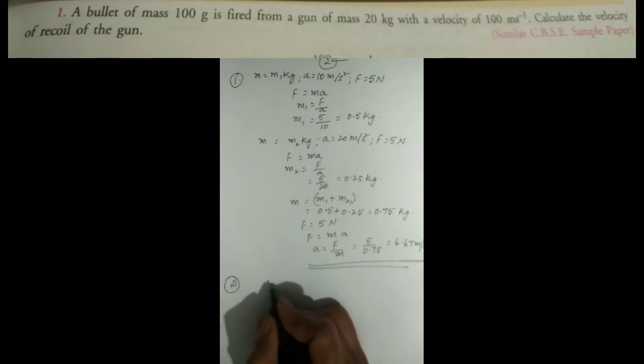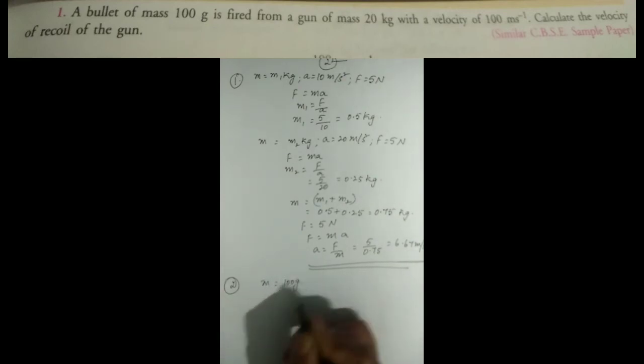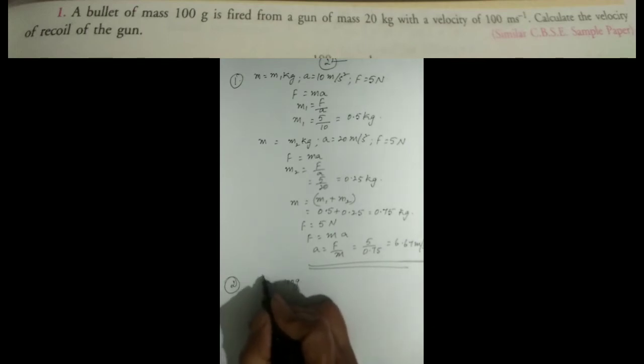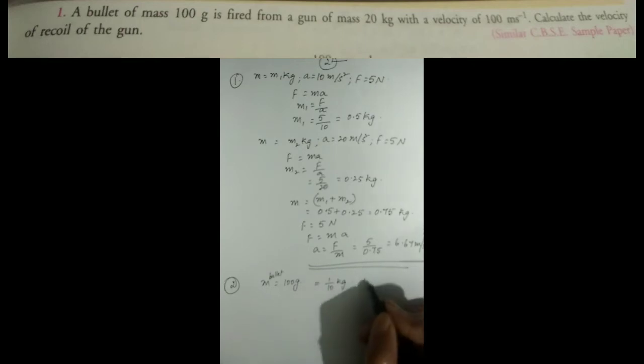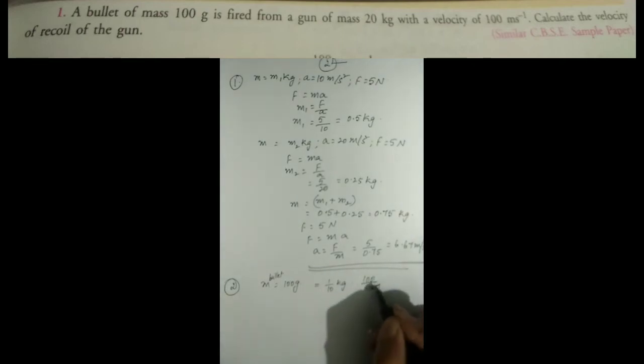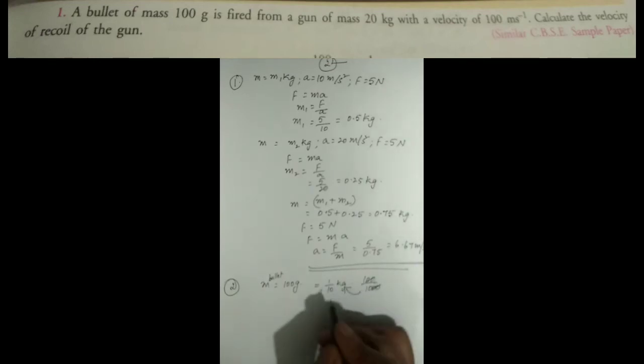This is the first question given. Given values are M is equal to 100 grams, this is the mass of bullet. 100 grams is equal to 1 by 10 kg. How did it come? 100 by 1000. So 1 by 10 kg.